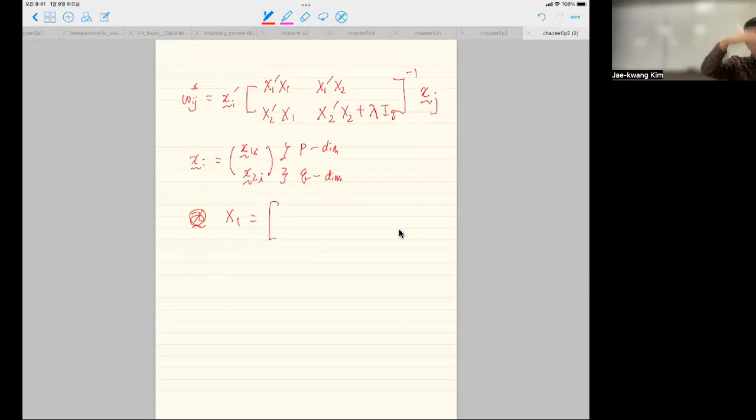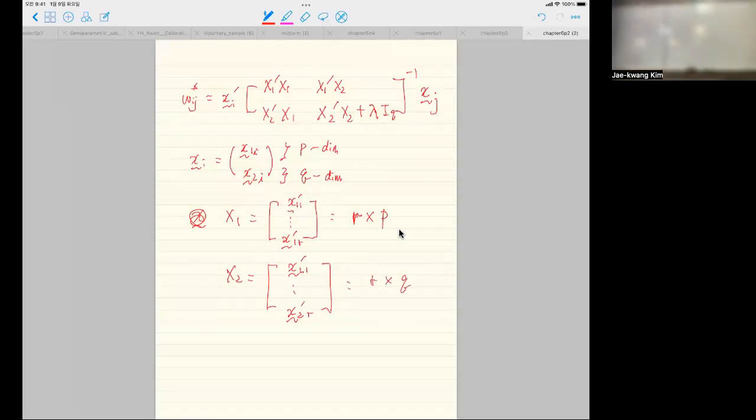You have x11 prime through x1r prime, so that is an r times p matrix. Same way, x21 prime through x2r prime, so that is an r times q matrix.